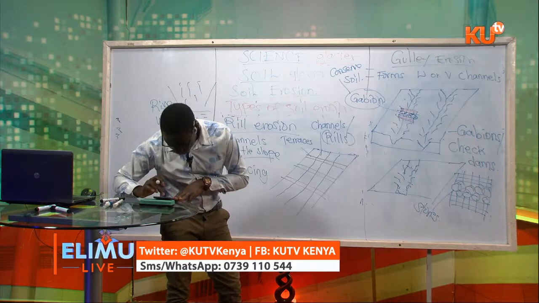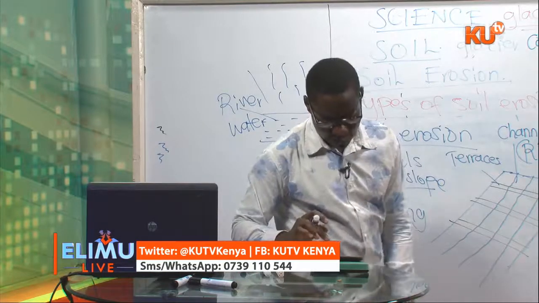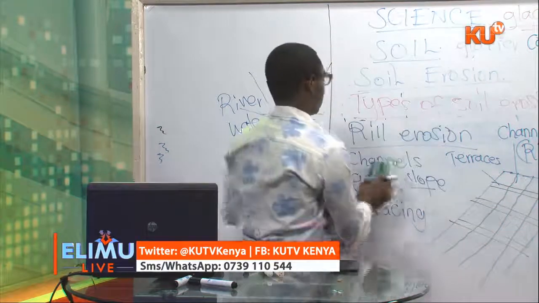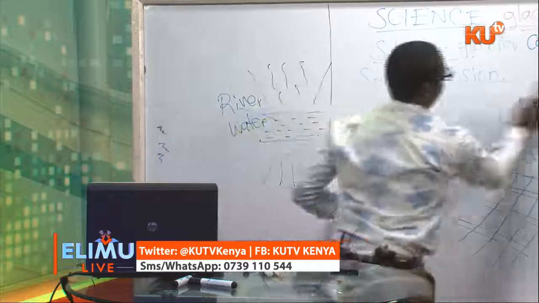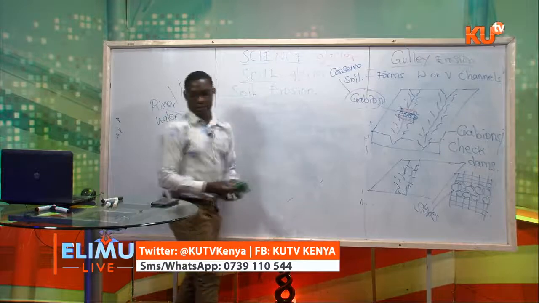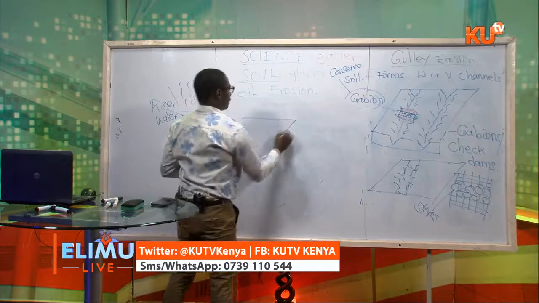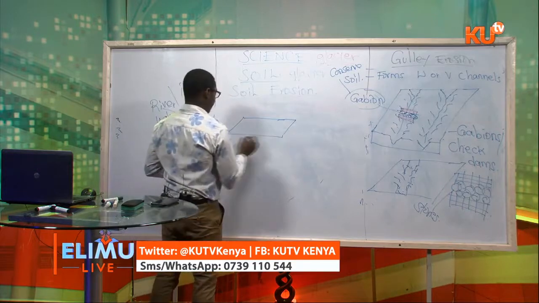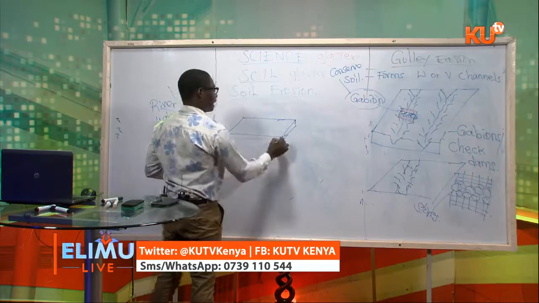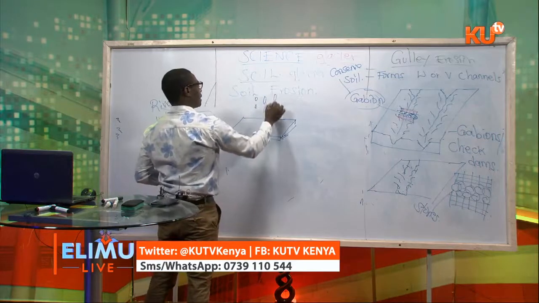Hi teacher, kindly repeat the definition of splash erosion. I'm Kevin from Bakalari. Okay, I repeat the definition of splash erosion. Splash erosion is also called spatter erosion or raindrop erosion, that is how different books define it. So this is your land surface, and water droplets are falling down.